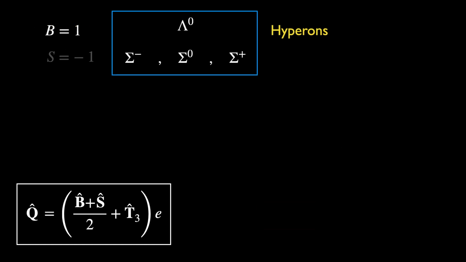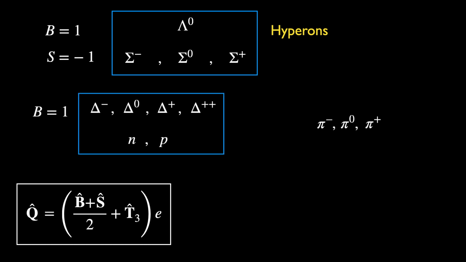Therefore, the hyperons have strangeness equals -1. As we have said, for all our previous examples, S is equal to 0.